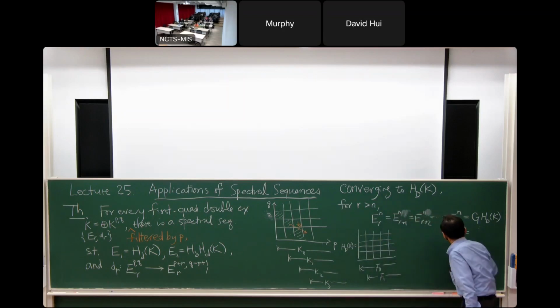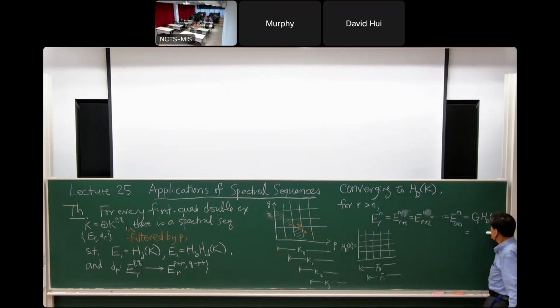And so the associated graded complex of the total cohomology is the direct sum of F^p over F^{p+1}.